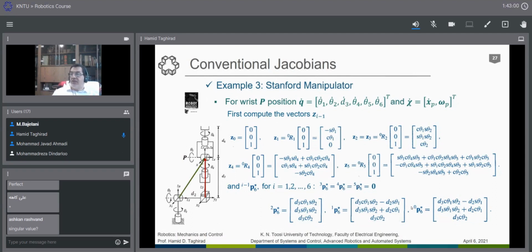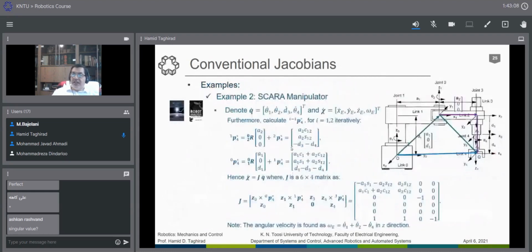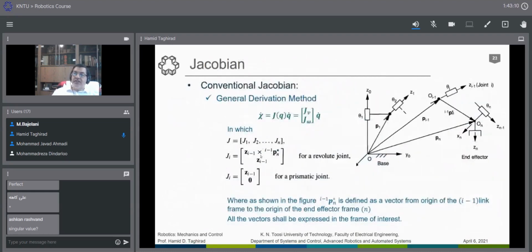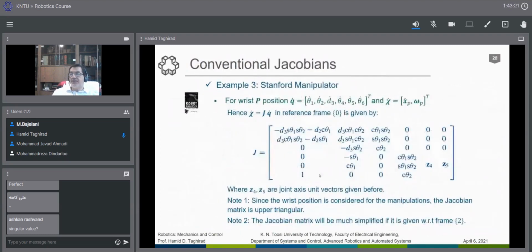So we have 3 vectors and 3 of them 0. We have 6 Z's, and then we just multiply that again with the same idea here. We have 6 components, Z_i cross P star_n, and Z_{i-1} for the prismatic joint. And as you see here, the final solution: for the third one, since the i is here, this is Z_i and 0, but the other ones are Z1, Z2, Z3, Z4, and Z5.